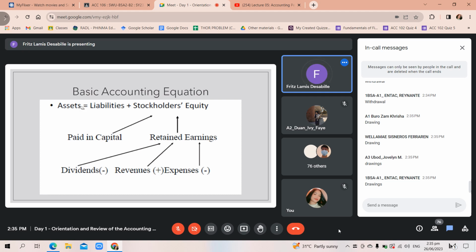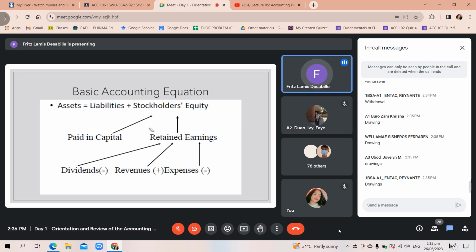Okay na. Basic accounting equation: stockholders' equity, paid in capital, retained earnings. So stockholders' equity, ang composition ana sa corporation, paid in capital, share capital or mga stocks, retained earnings mao siya ang accumulated earnings. Kanang mga combined net income nimo.